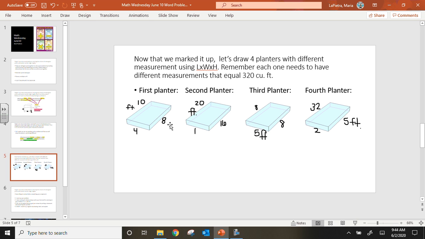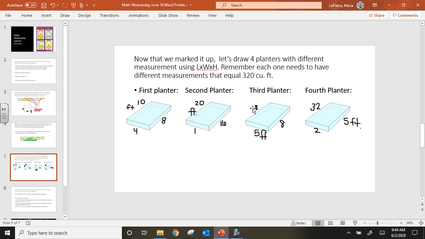So 10 times 8 times 4 gives you 320 cubic feet. 80 times 4 is 320. 20 times 1 is 20. 20 times 16 gives you 320 cubic feet.